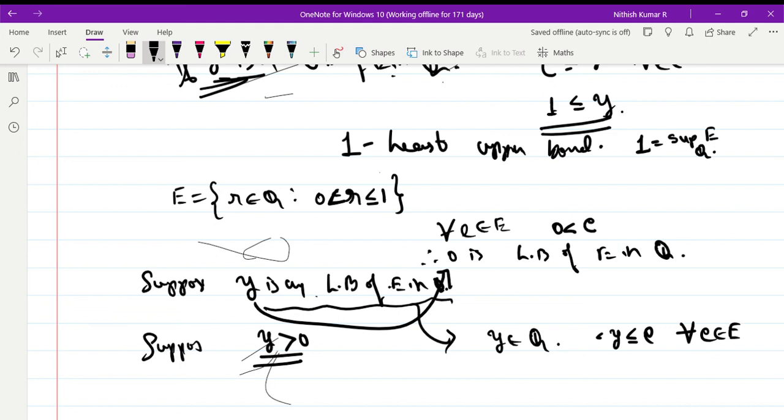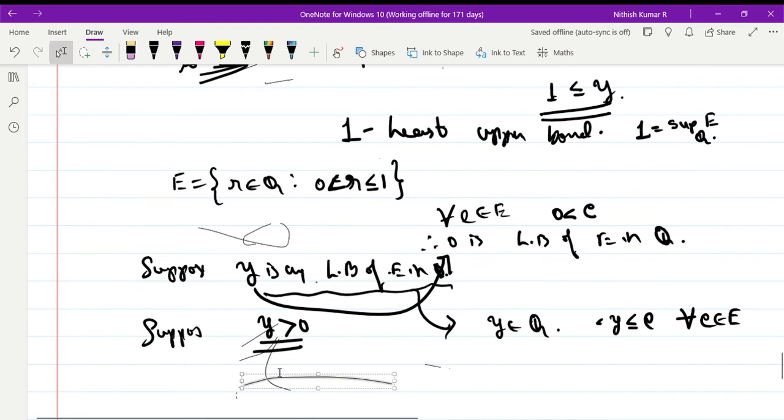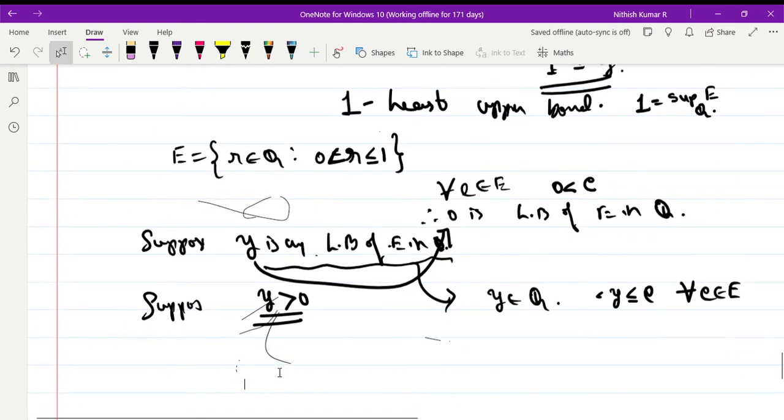But wait a second. We assumed that y is greater than 0. This implies y by 2 is greater than 0, but this is less than y.